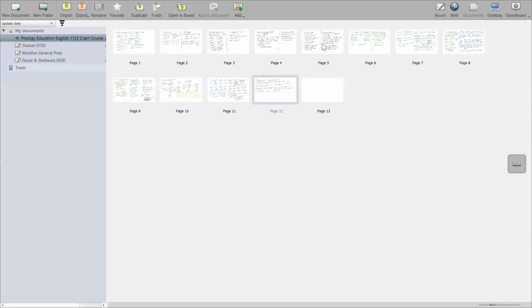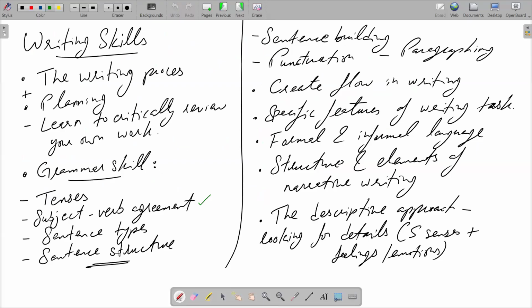Okay, what else do we have? We've done subject verb agreement, we've done sentence types. Next up is sentence structure.